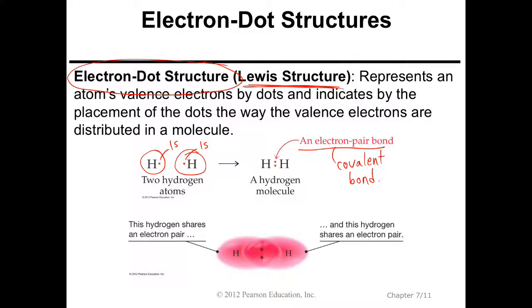This, drawn with the dots between them, is exactly the same as what we showed in lecture. This line indicates the two dots, or two electrons, between those two atoms. So a little fancy picture is the two atoms with the two electrons shared between them.